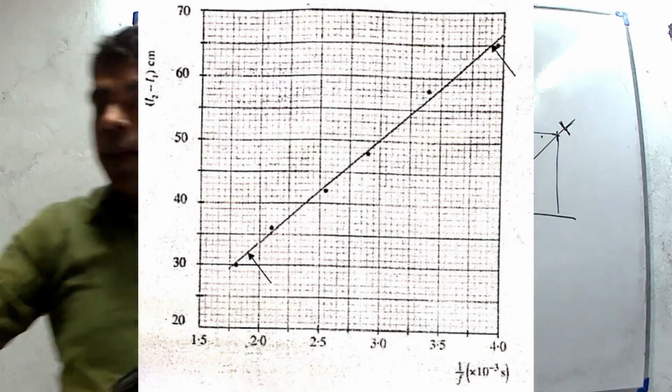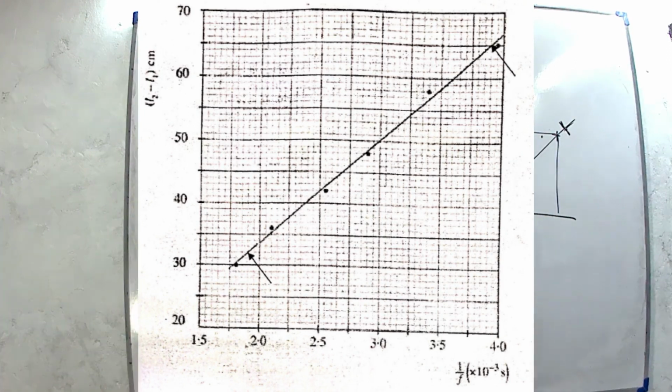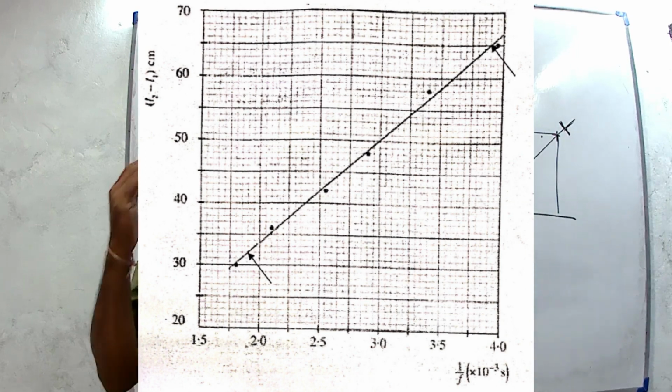Now you can see there is a maximum separation, and the 2 points are within the range of readings, and we can read x and y values clearly by using the small squares.